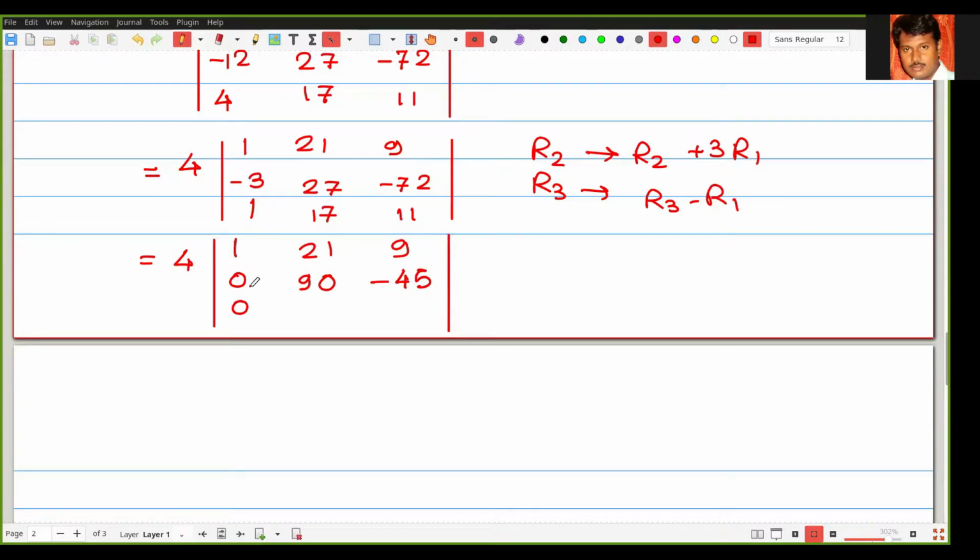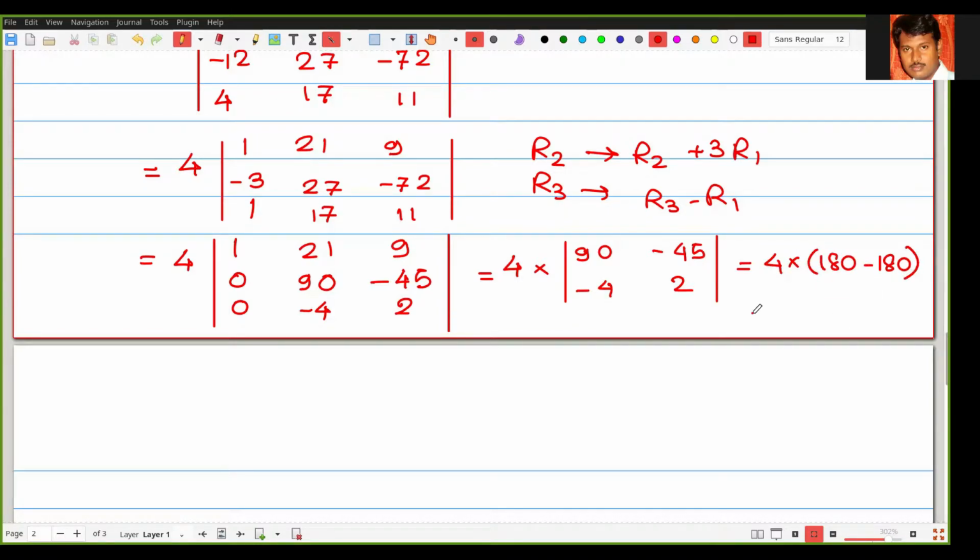And that one is now 0, that one is now minus 4. R3 minus R1: 11 minus 9, so that one is 2. If we calculate, that is 4 into 90 minus 45 minus 4, 2. So that one is 4 into 180 minus 180. So the result is equal to 0.